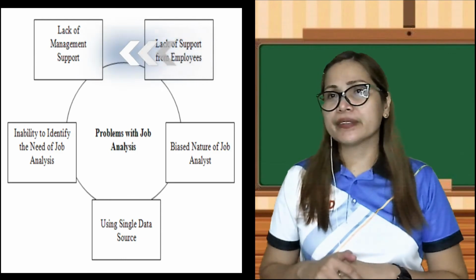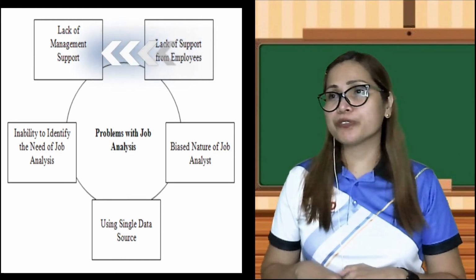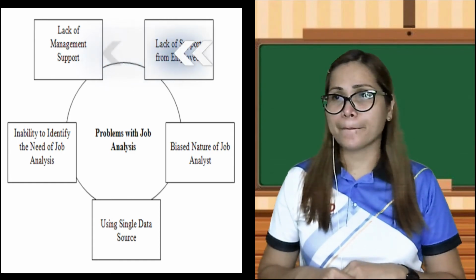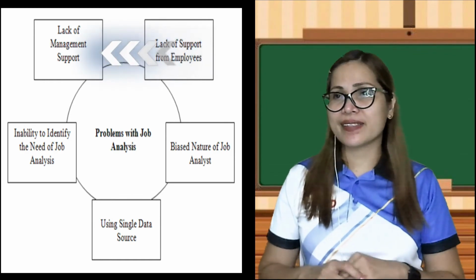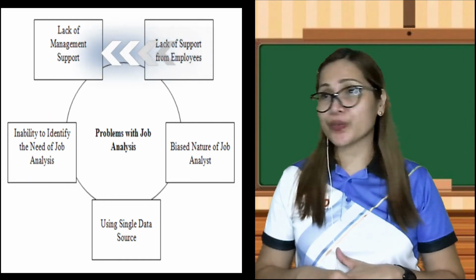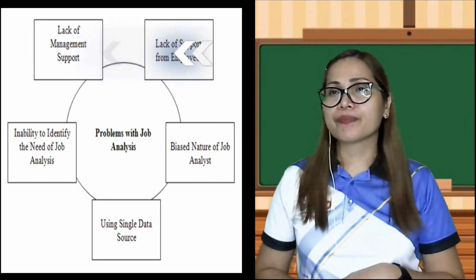They may have a notion that this is being carried out to fire them or take any actions against them. In order to avoid such circumstances, top management must effectively communicate the right message to their incumbents.